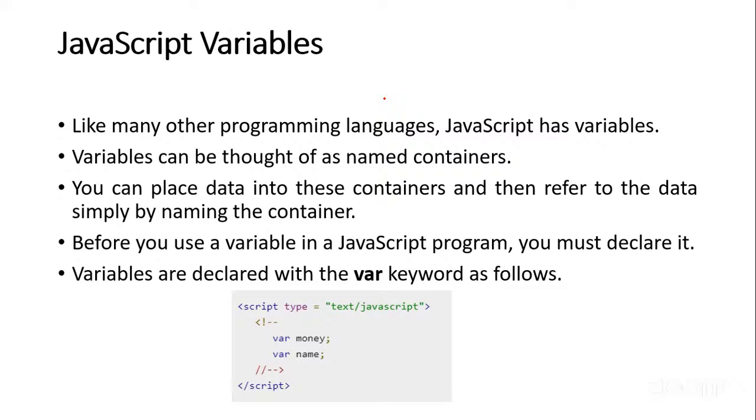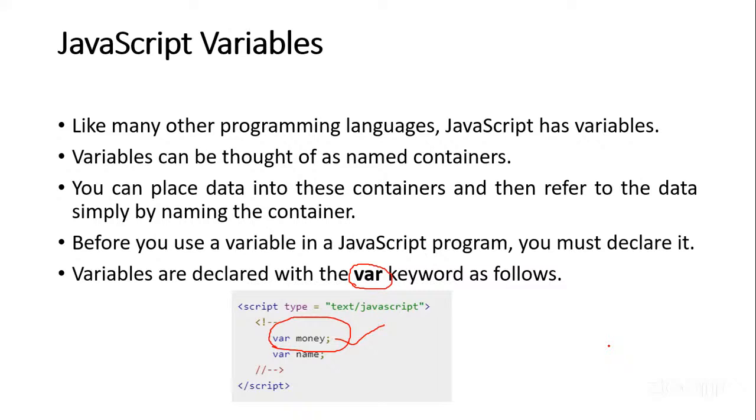The second difference is we must use the keyword var before the variable name declaration. Suppose you want to declare a variable, before that variable name you must write var. Then only that name is treated as a variable.